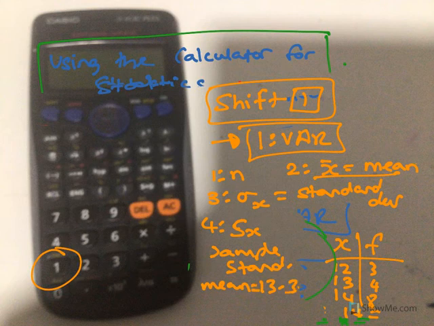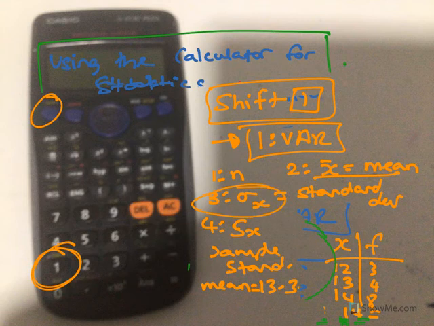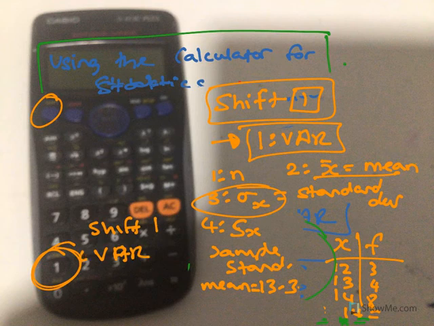If you then want to get your standard deviation, you just go shift 1 again. So you go shift and then the 1 again. And then you want your standard deviation. So we go shift 1, number 4, variable. Then press your variable, which on mine's number 4. Yours could be a different number.